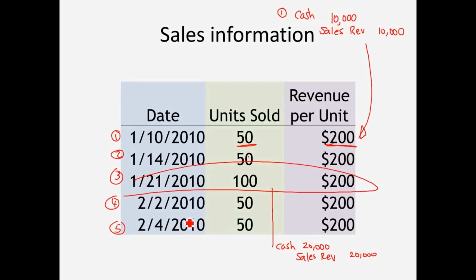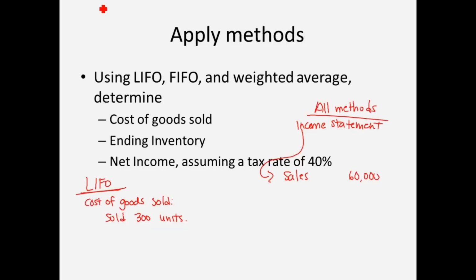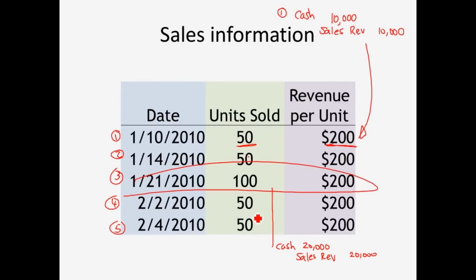Okay, so first I have 50 units, 50 times 110. Then I sell these. Which ones did I sell? Again, last in, first out. So what are the last ones in relative to this sale?